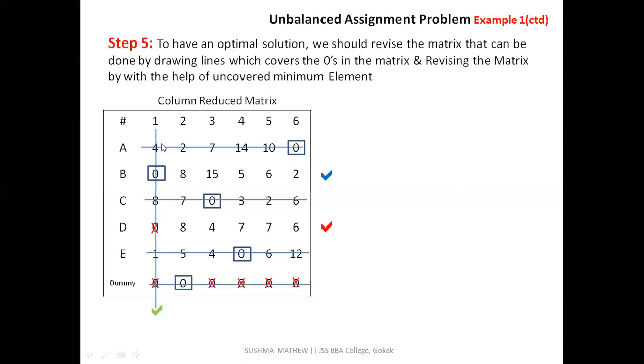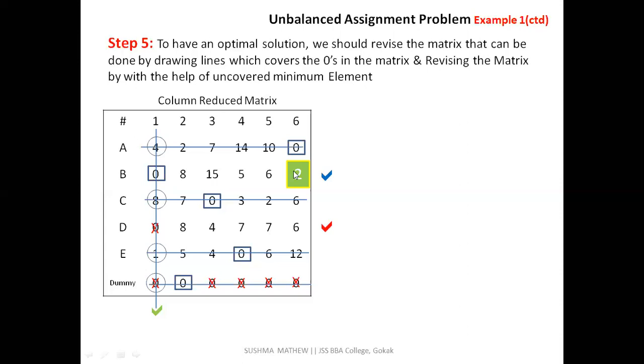In the A row, first column. In the C row, first column. E row, first column. D row, first column. And the one which is blinking with the green, that is the minimum uncovered element. Okay. With this, we are going to deduct all the rest of the uncovered element.